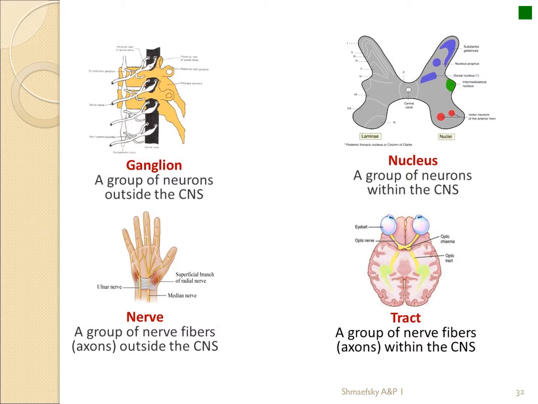Now, some other terms you're going to hear. These terms distinguish how we name groupings of cells in the central versus the peripheral nervous system. And you've heard a couple of these terms before. What happens in the nervous system is neurons and glial cells don't act alone.